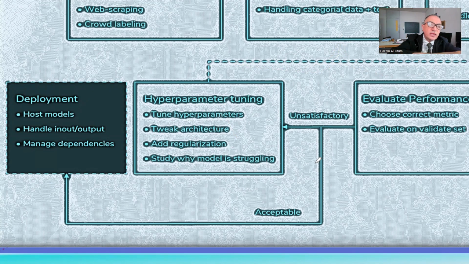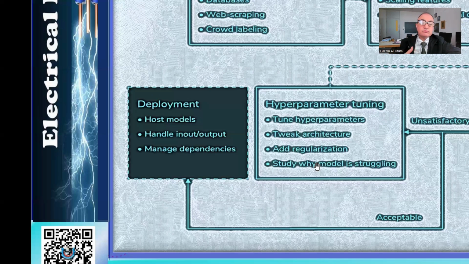Once you are satisfied, you can go and deploy your network, adding other parameters to make it, for example, a pipeline, or considering what we call the industrial issues and limitations that can be faced when you deploy this network.